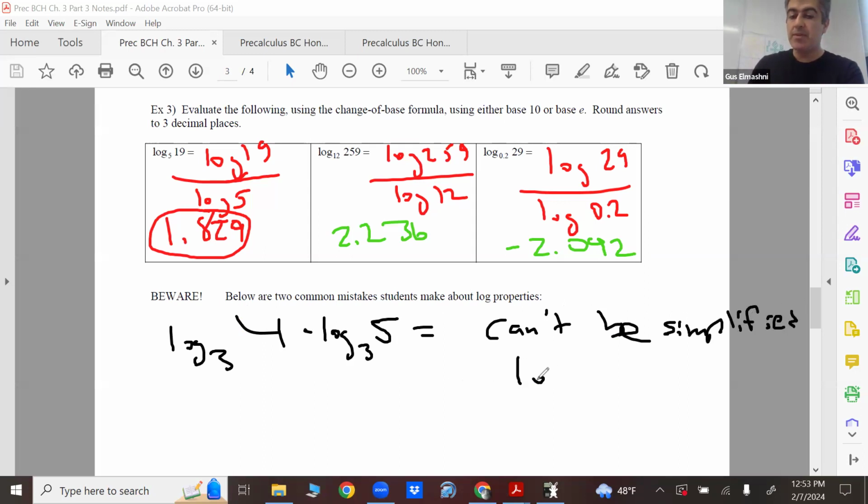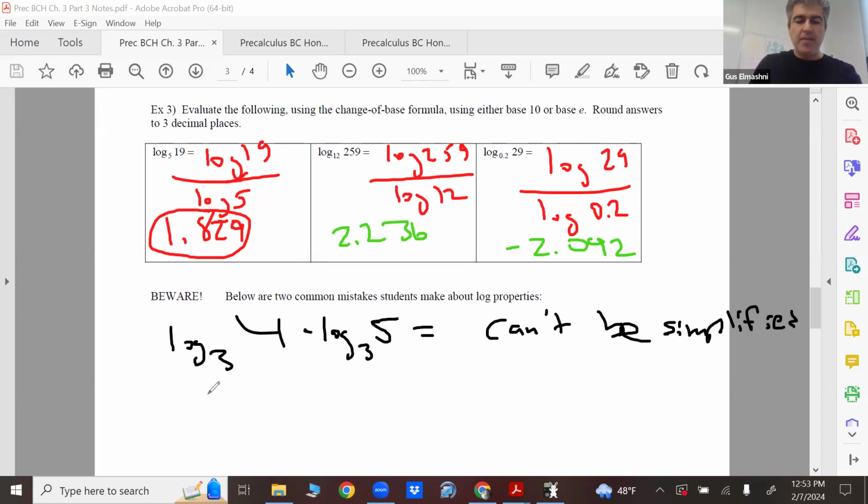But some students will do this, which is not true. You can't just multiply 4 and 5 like that. So that's not a true thing. If you have log base 3 of 4 times log base 3 of 5, just forget it. It is what it is. If you added them, go for it. Totally. But unfortunately, you can't do that.